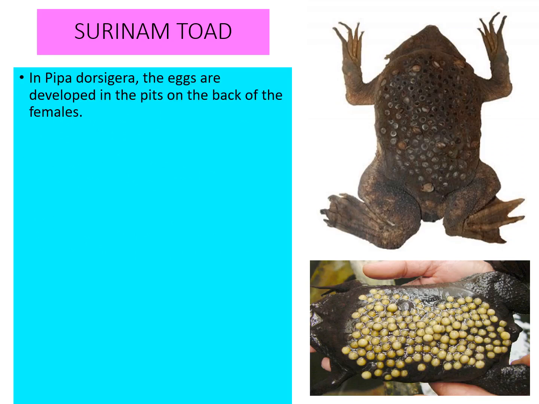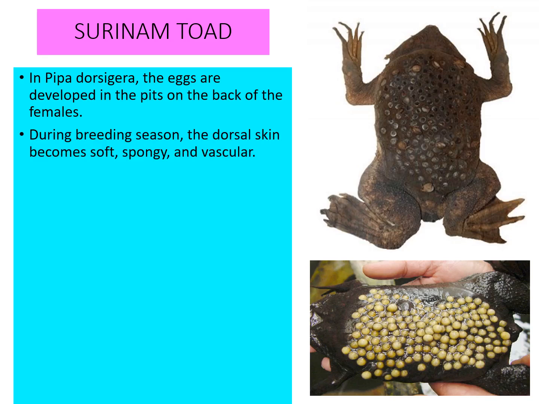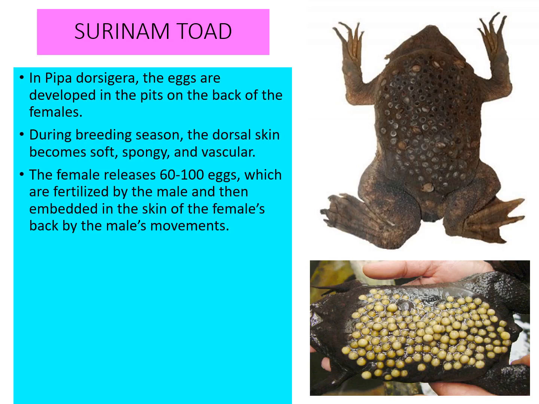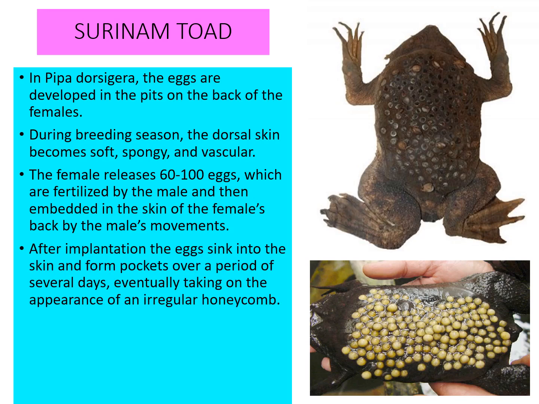A very interesting example is the Suriname toad. In Pipa, the eggs are developed in pits on the back of the female. During the breeding season, the dorsal skin becomes soft, spongy, and vascular. The female releases 60 to 100 eggs, which are fertilized by the male and then embedded in the skin of the female's back by the male's movement.